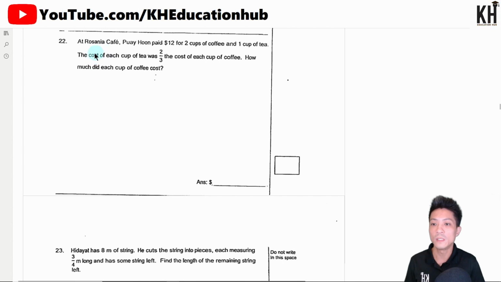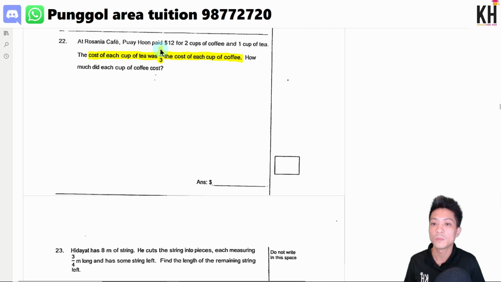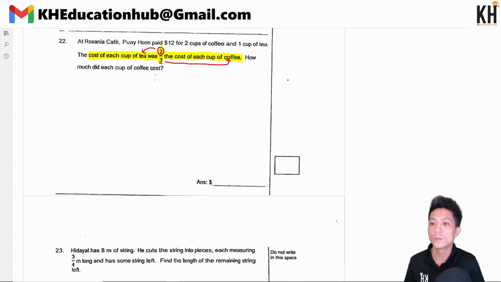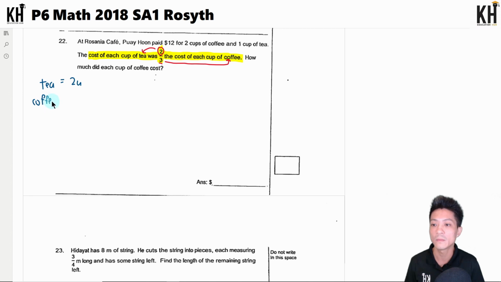From this sentence itself, you should know that the 2 units is referring to the tea, and the 3 units referring to the coffee. So the cost of each tea is equal to 2 units, and coffee is equal to 3 units.